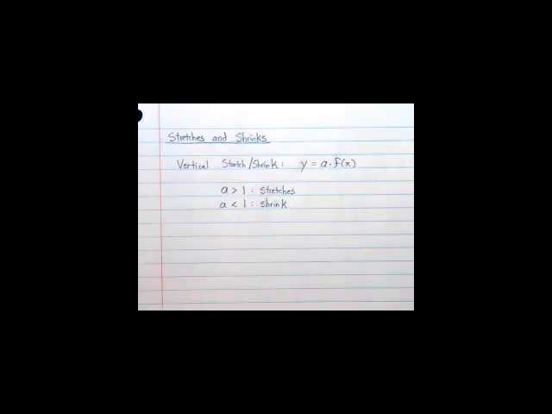Does it get bigger or smaller? It gets bigger. If you multiply something by a number smaller than 1, what happens? It gets smaller. Same kind of idea. If you want something to stretch, to get bigger, the number has to be bigger than 1. If you want something to shrink or get smaller, the number has to be smaller than 1.